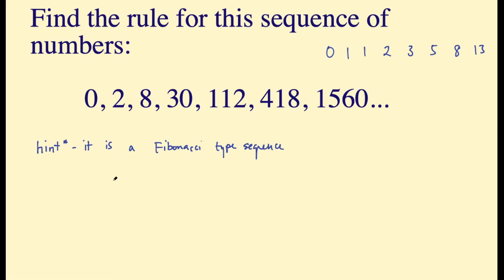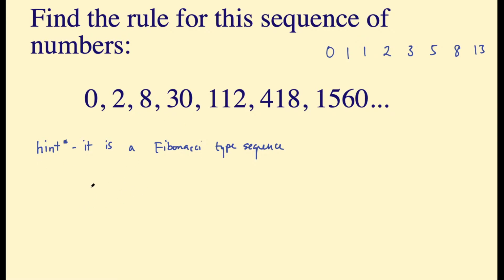So as Christopher says, exactly right, you multiply by 4 and subtract the previous one. Starting with 0, and actually the first two terms are given to you. To produce the next one, you multiply the 2 by 4, take 0, is 8, multiply 8 by 4 is 32, take 2 is 30, multiply 30 by 4, take 8 is 112, multiply 112 by 4, take 30, 418, and so on.